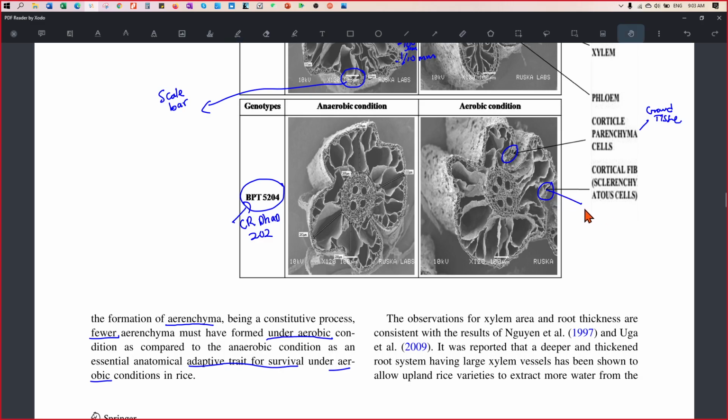Usually the more fibrous one. Fibrous, hard. And they did some kind of measurement as well. See, this is the measurement here, although I'm not sure what kind of measurement, so it will be useful to describe.